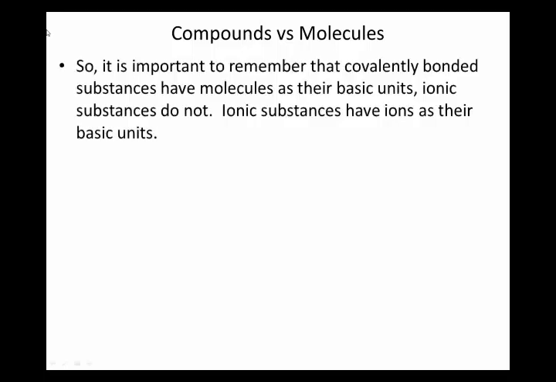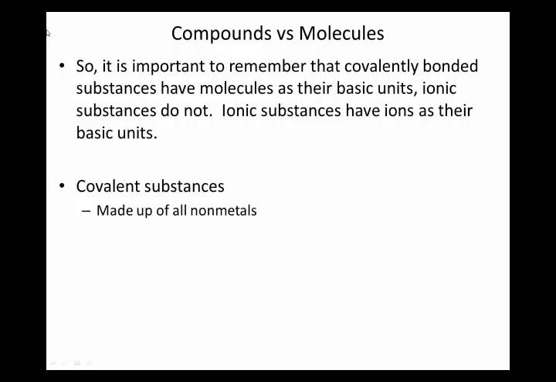I keep hammering on this, but people forget this a lot. Covalently bonded compounds have molecules as their basic units. Ionic substances have ions or formula units as their basic units. Here's how to identify the difference. Covalent substances you can identify as being made up of all nonmetals.